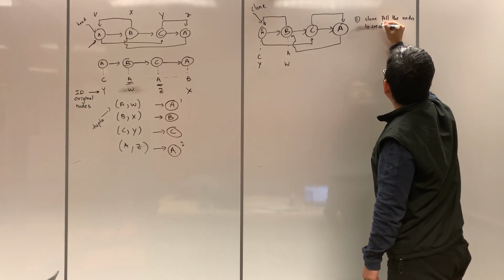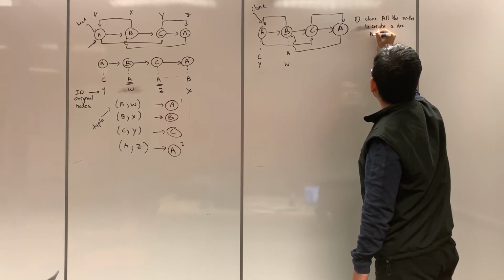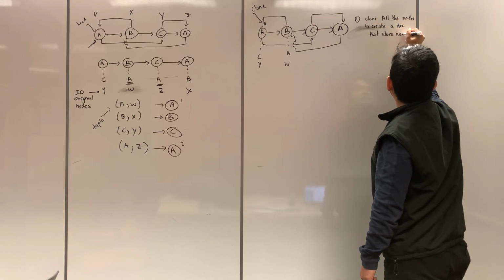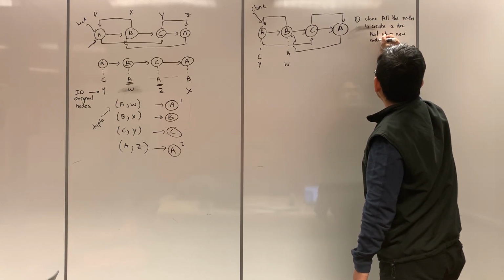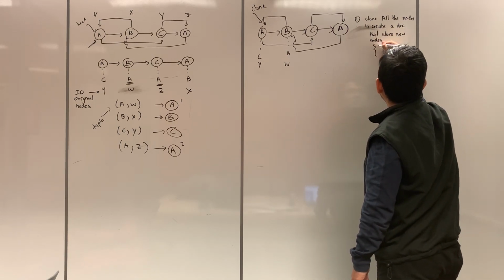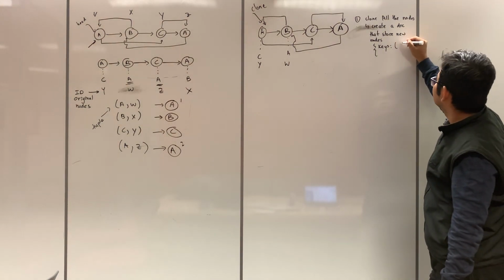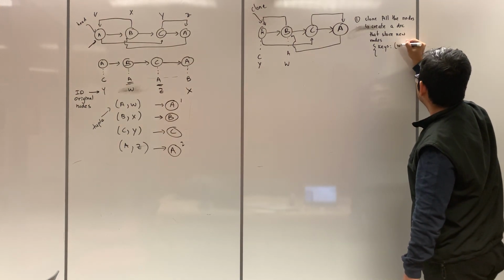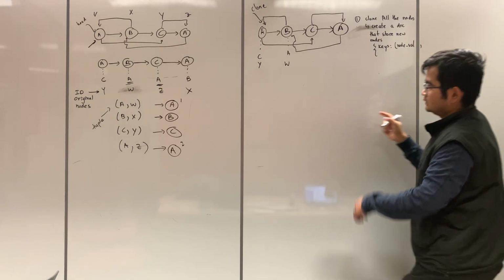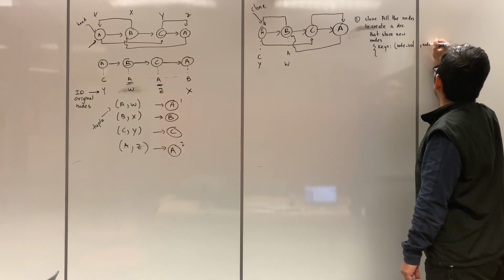Create a dictionary to store the new nodes, and we have a key as the node value and node ID.